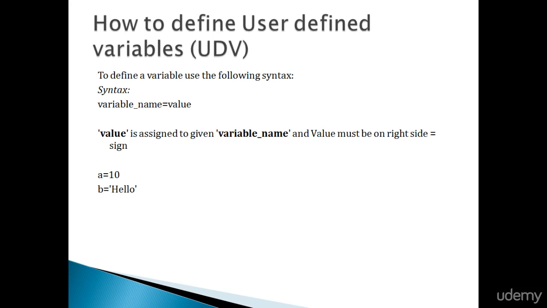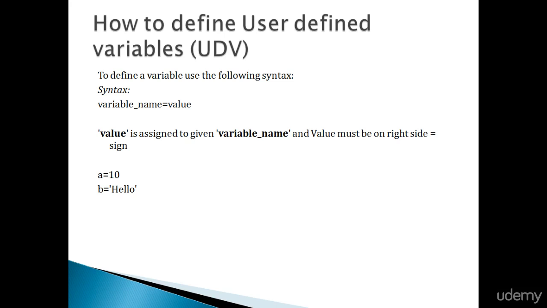We simply write the variable name, is equal to, and the value. The value is assigned to the given variable name, and the value must be on the right side of the equal to sign. Here we have an example: a is equal to 10.